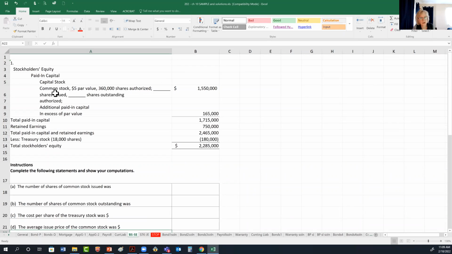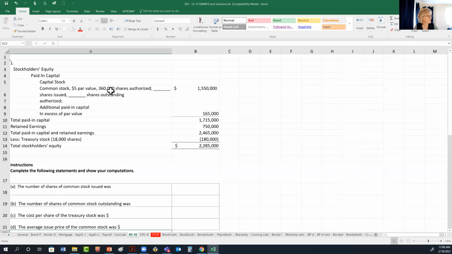So we're saying capital stock, $5 par value, 360,000 shares authorized, blank shares issued, and blank shares outstanding.